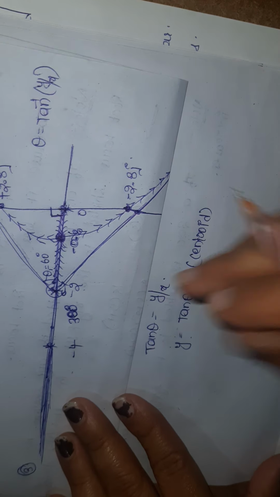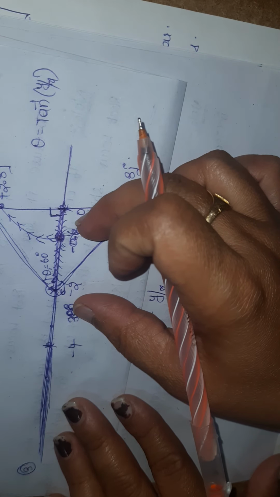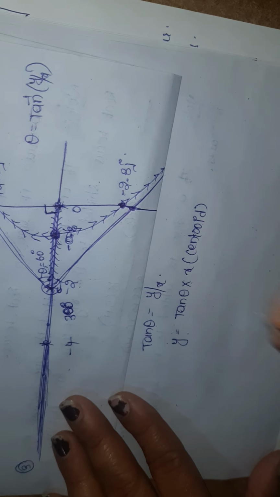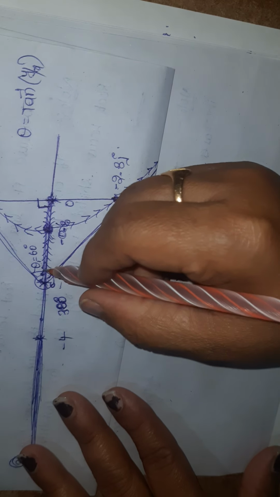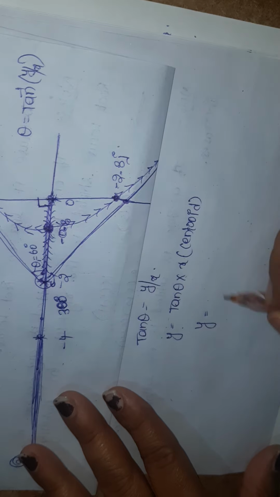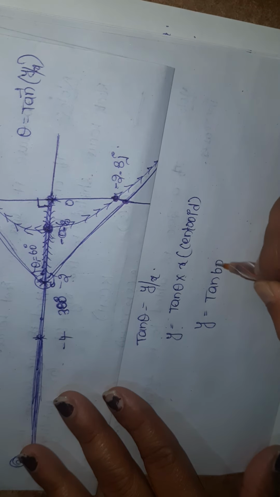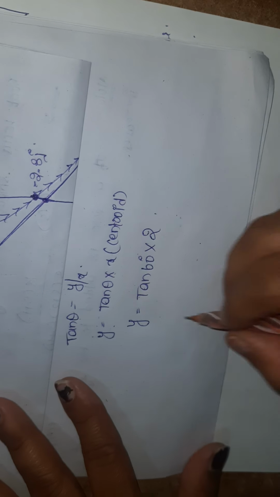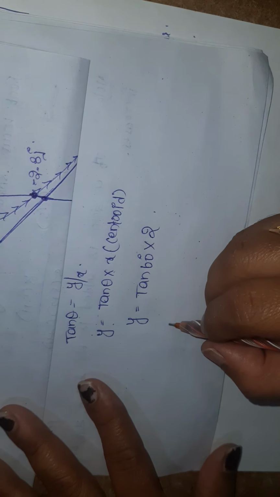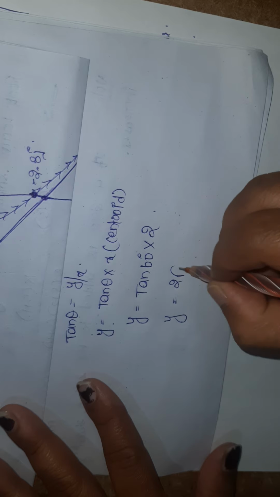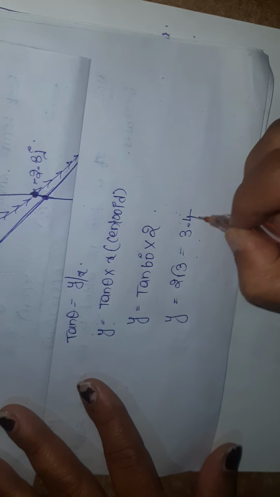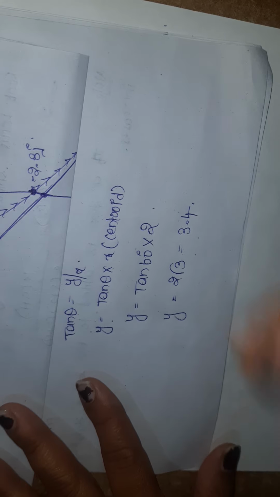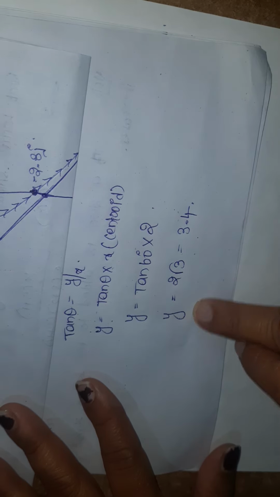Now substitute. You only have to consider the distance, which is a magnitude; you should not consider minus values. So y is equal to tan 60 degrees into 2, where theta is 60 degrees. Tan 60 is root 3, so 2 root 3, which is around 3.4. So y is equal to 3.4.